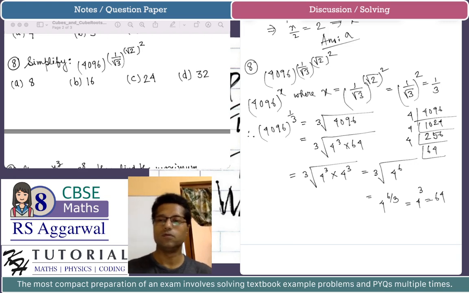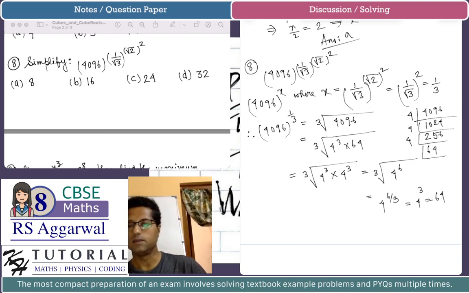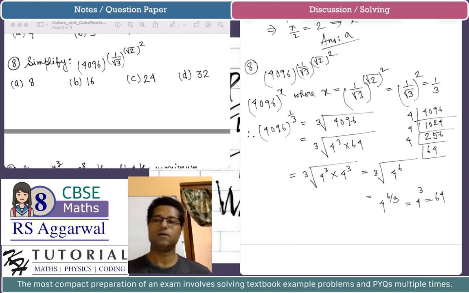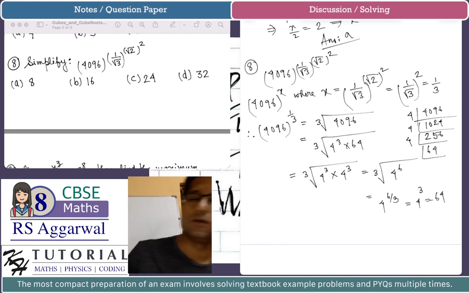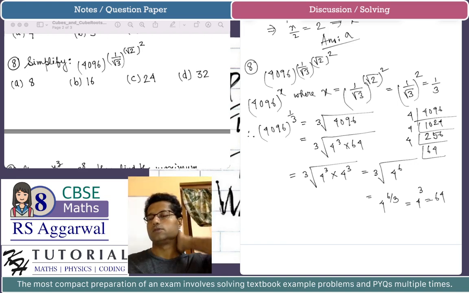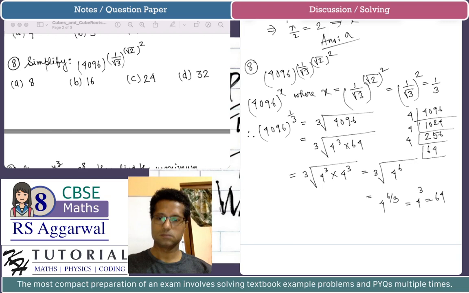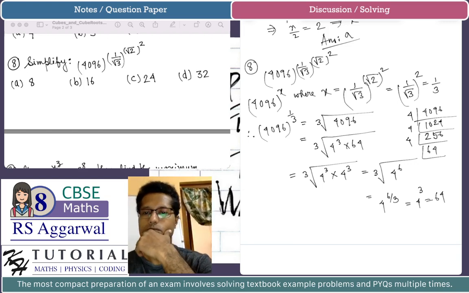We divide by 4, we have 1024. Okay. If we again divide by 4, we have 256. And then again we divide by 4, we have 64.